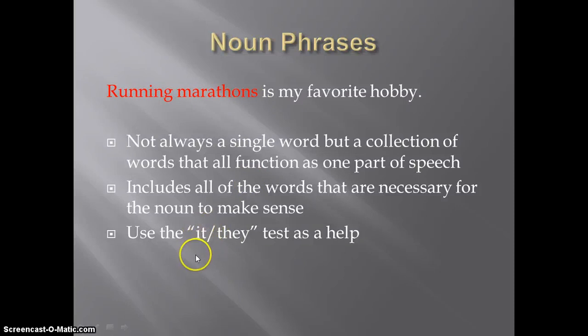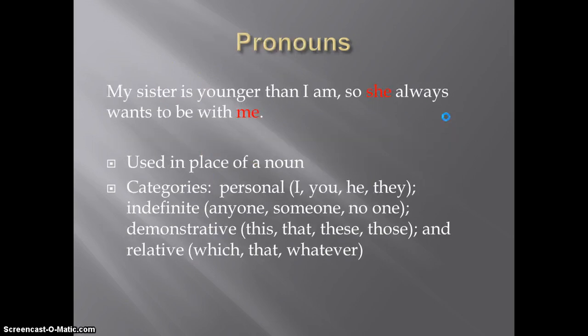Does that make sense? It's a good test to use, even for nouns. You use a pronoun to replace it because pronouns replace nouns. Ta-da! But it's especially helpful with phrases, noun phrases, so that you make sure you get all of the information that's included in that phrase. So it's a good test to use if you can remember to use it.